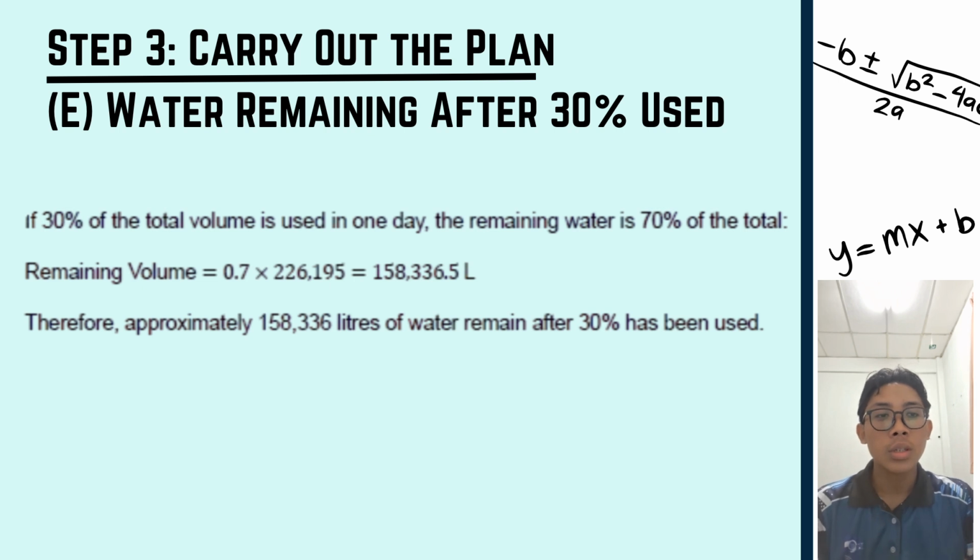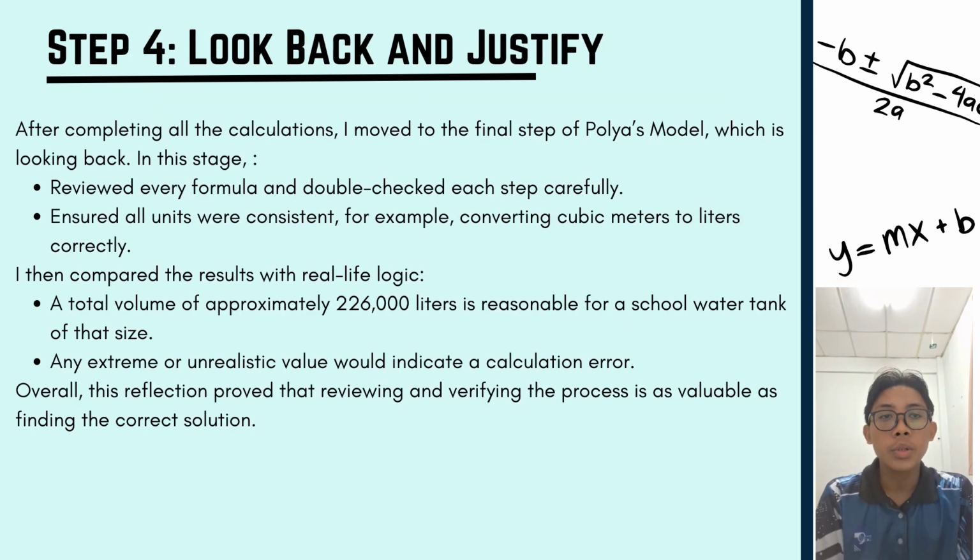Therefore, the remaining water after 30% of it has been used will be 158,336 liters of water.